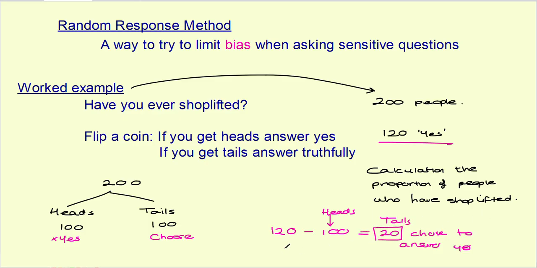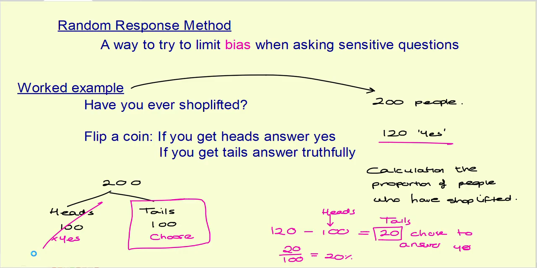Those 20 people have shoplifted out of the 100 people who got tails. You could leave it as 20 over 100 or 20%. It is not 20 over 200. We've got to discount those people, they had to say yes. We're just interested in the people who had to answer truthfully, who could choose to say yes or no.